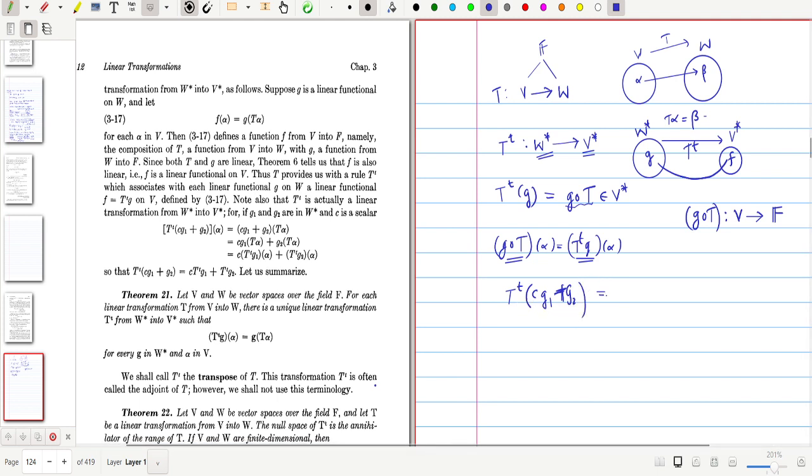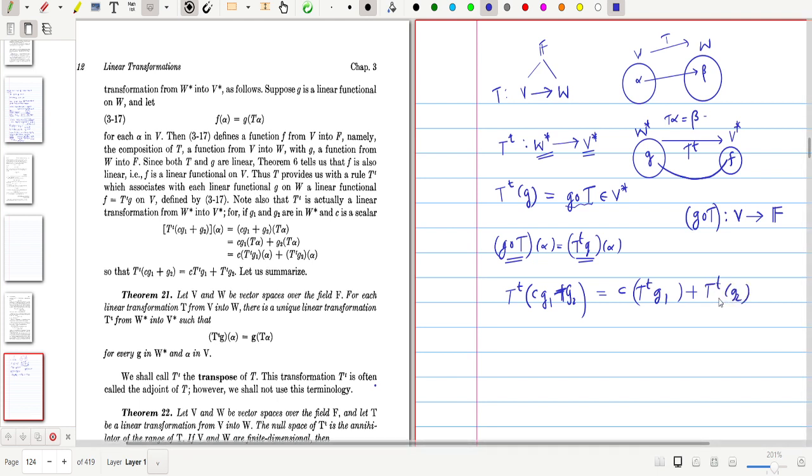We will prove that this is the same as C times T transpose of G1 plus T transpose of G2. One thing we should remember is that T transpose of any linear functional in W star is a linear functional in V star. T transpose of something is an element of V star, and this is also an element of V star.